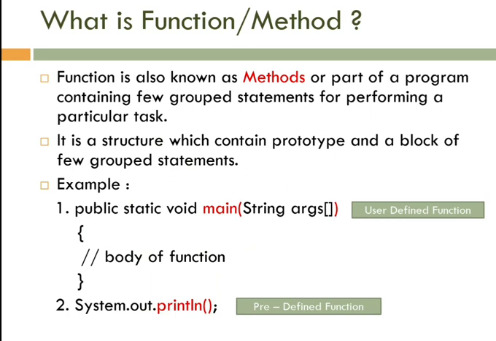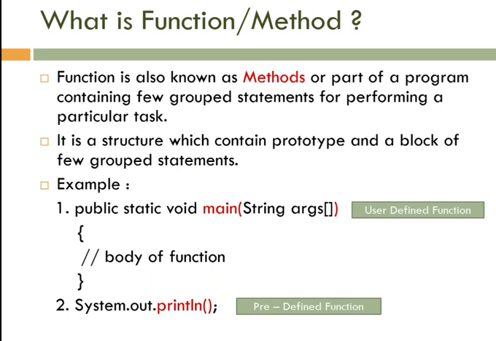That's why I chose the red color, to show you the function brackets. In front of the function brackets we have the name of the function. Main is a user defined function, because we are always declaring the main function.